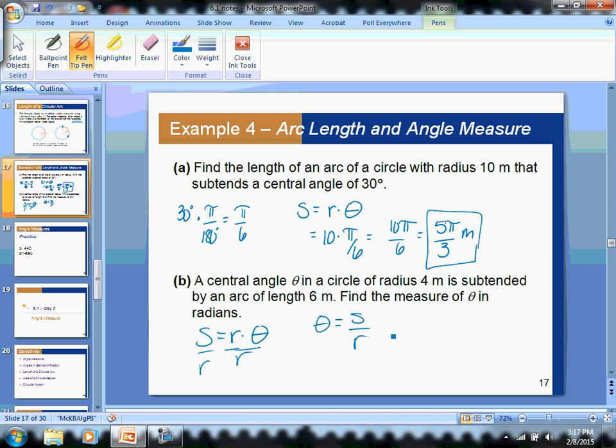They told us that the arc length, the S, was 6, and our radius is 4, so then you have 3 over 2 radians for your measure. That would be 1.5 radians. Remember, if you go all the way up, that's going to be 1.57, so 1.5 would be just a little bit before that. Right about there is where your angle opens. So that's the angle that they're talking about there.